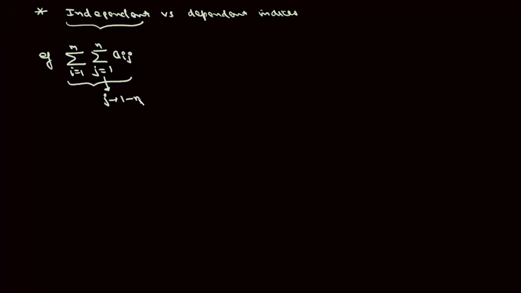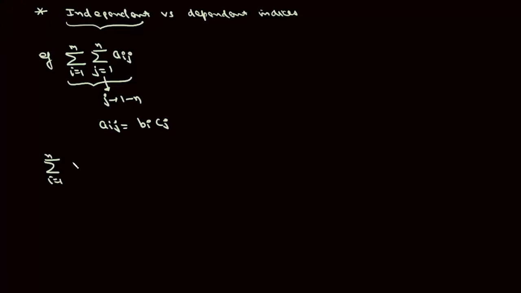Now, in independent indices, if we have a term which can be factorized separately, say a_ij can be factorized as b_i and c_j, then we can split this double summation.